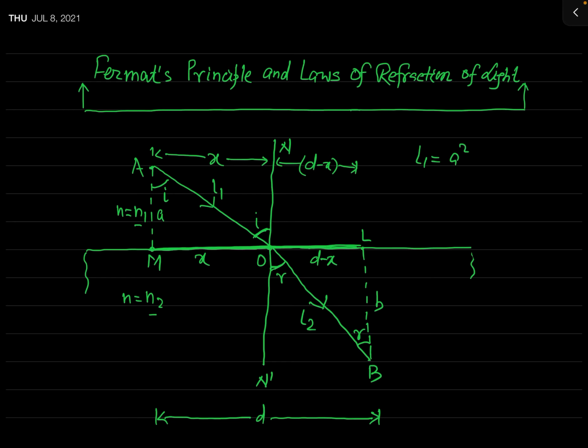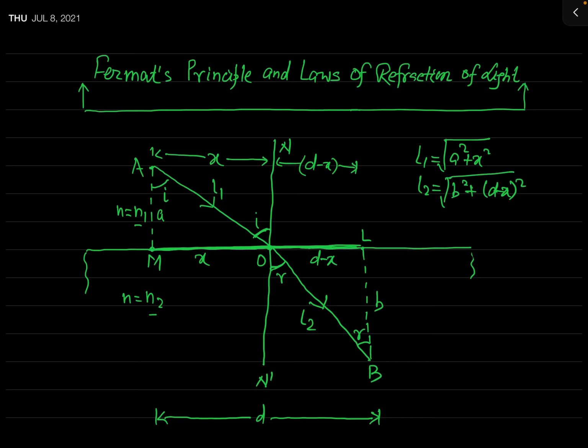You can easily see L1 will simply be equal to square root of a squared plus x squared. And similarly, L2 will be equal to square root of b squared plus D minus x whole squared. This is L1 and L2.